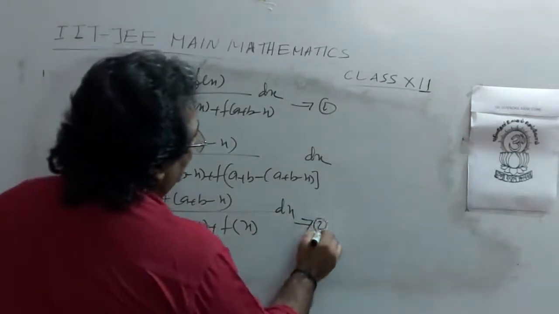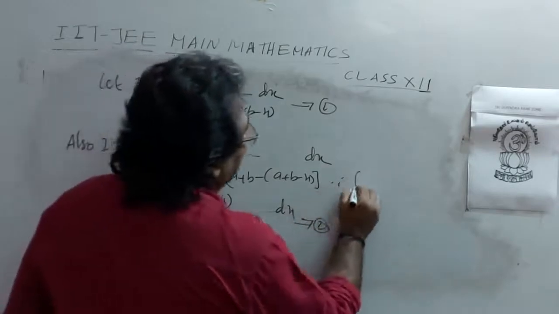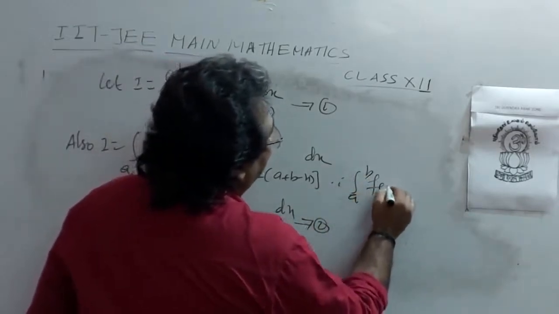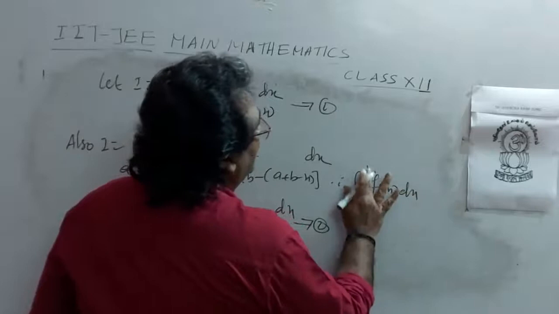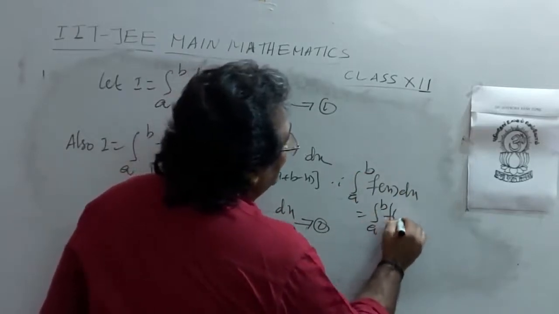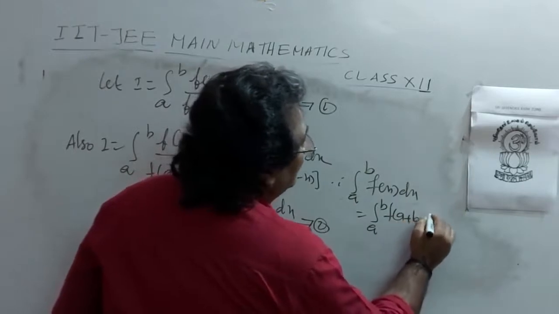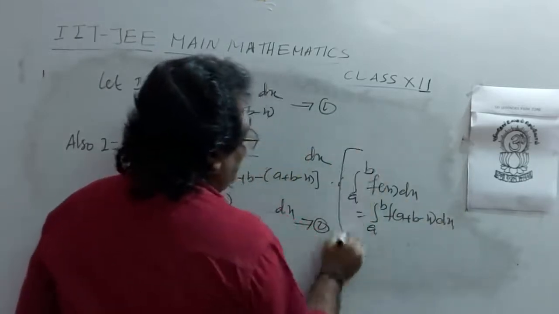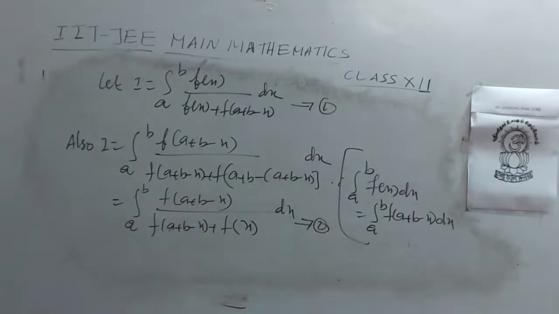That is 2, since integral a to b f of x dx equal to integral a to b f of a plus b minus x; we apply that property in this step.